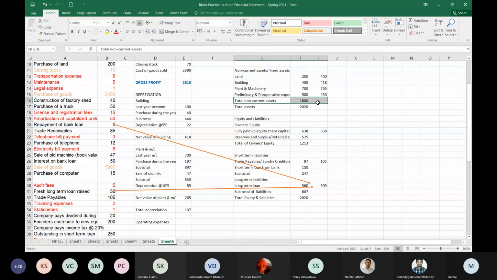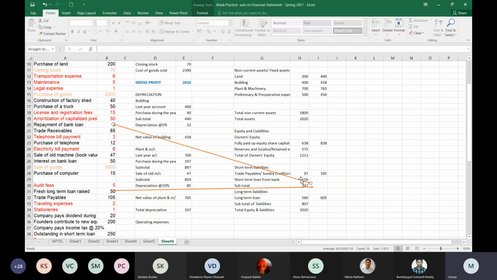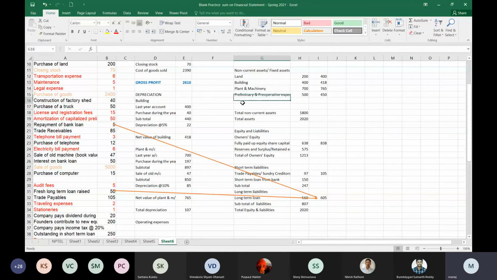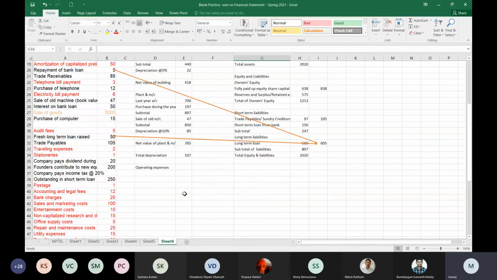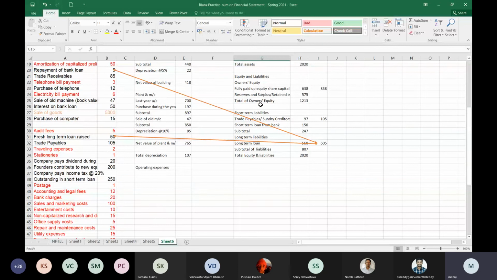Now, we need another two items. One is advertisement; don't write amortization here.